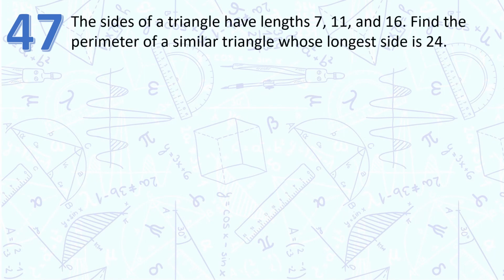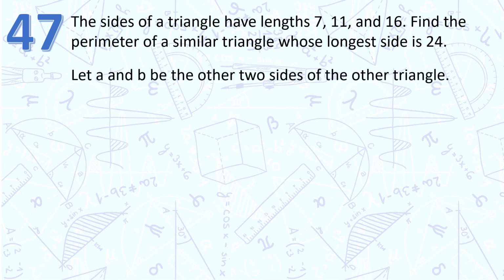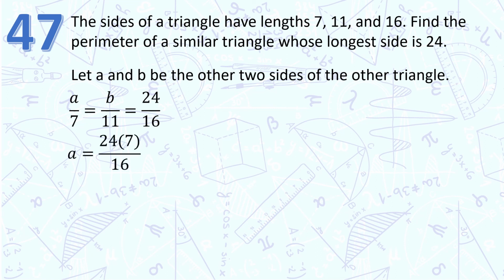Next, the sides of a triangle have length 7, 11, and 16. Find the perimeter of a similar triangle whose longest side is 24. Let A and B be the other two sides of the other triangle. Then A over 7 equals B over 11 equals 24 over 16. Solving for A, that will be 24 times 7 over 16.